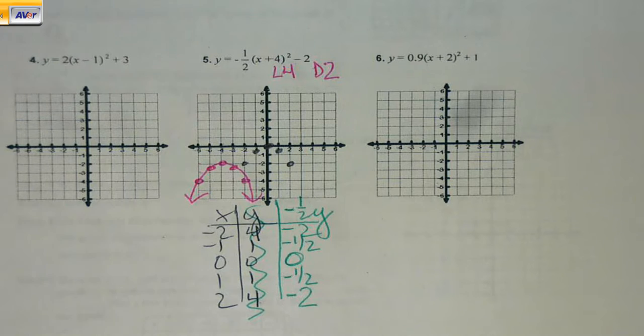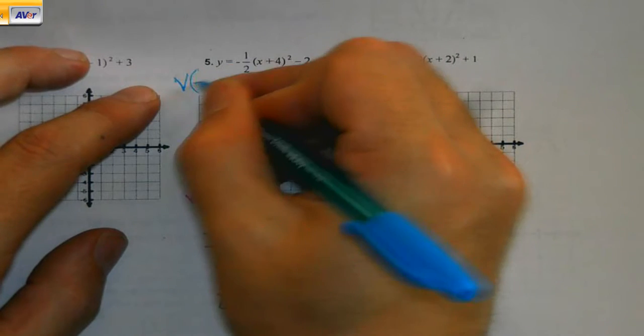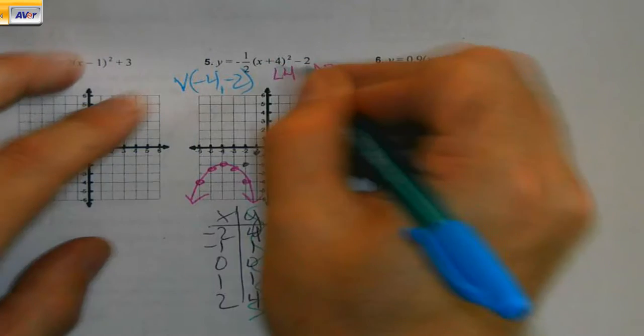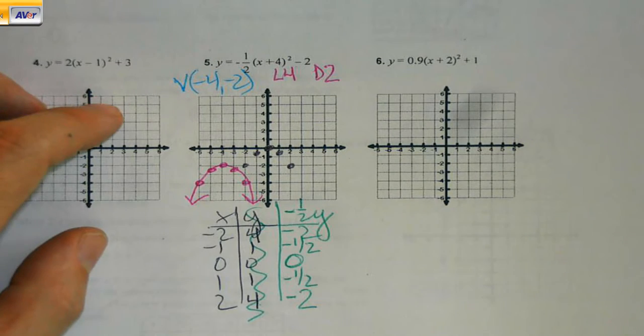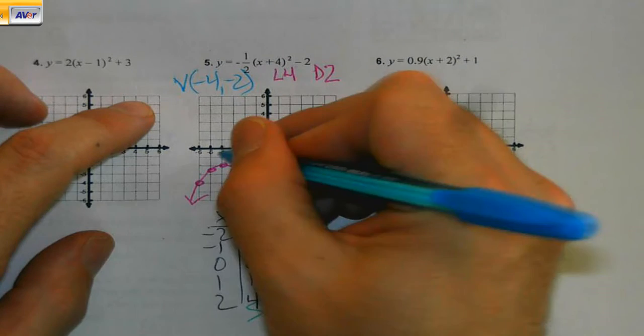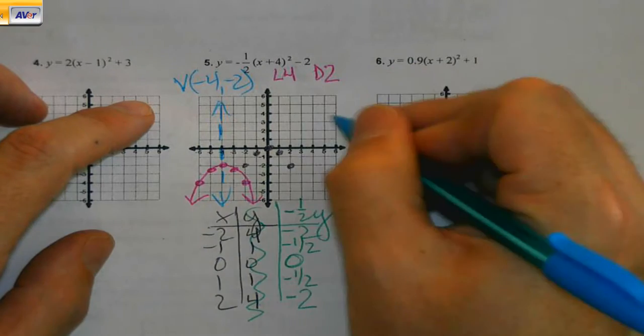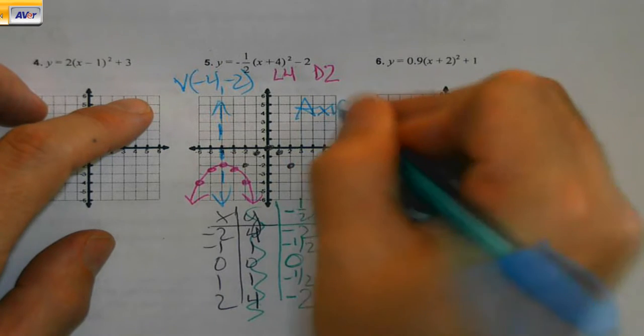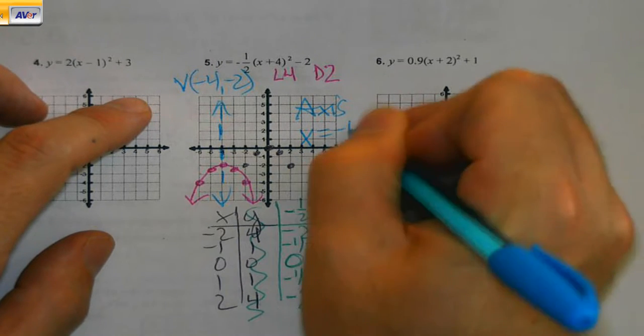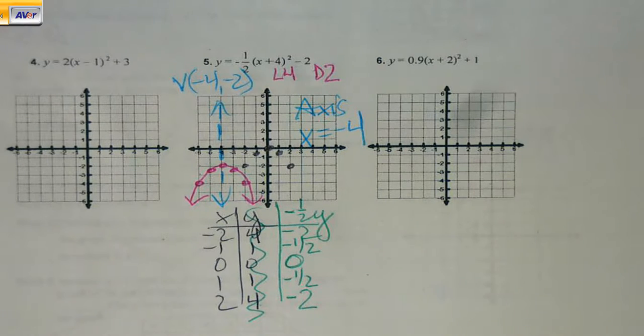I get my graph in. I label my vertex either by looking at my shifts or looking at my graph at this point. And my axis, ran myself out of room, is at -4.